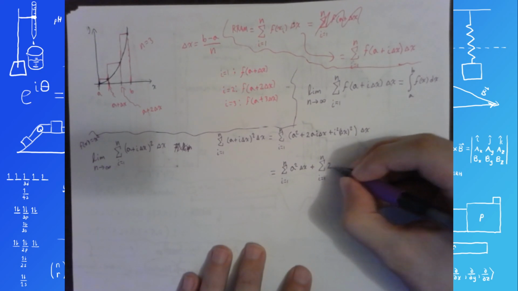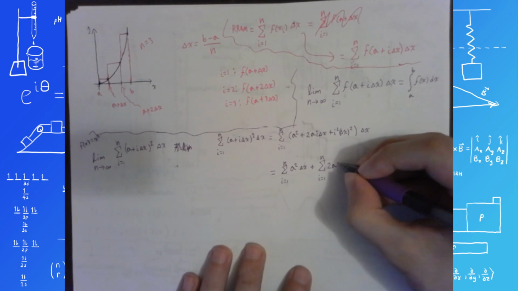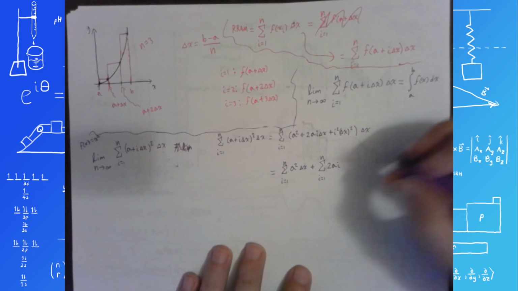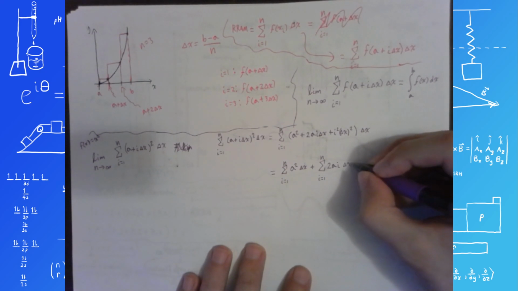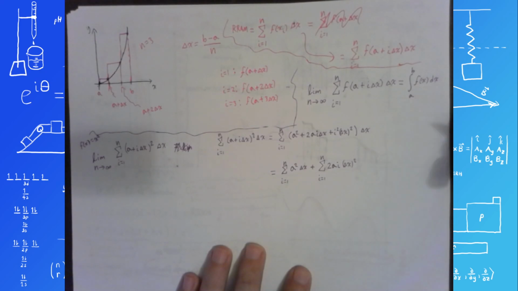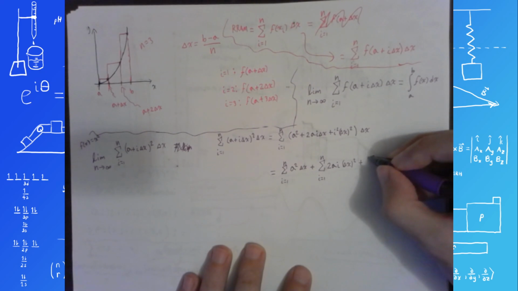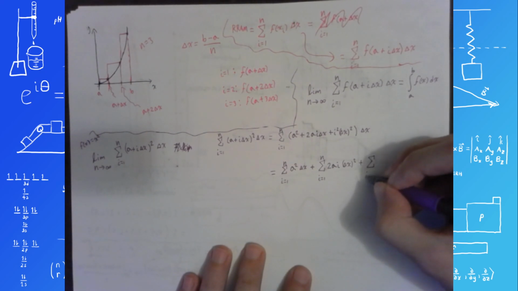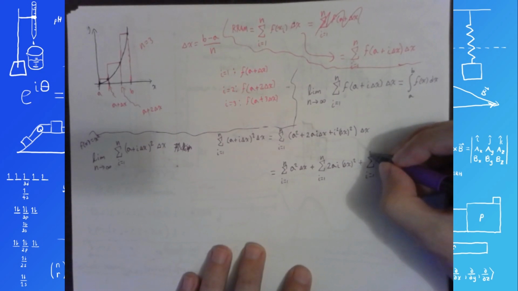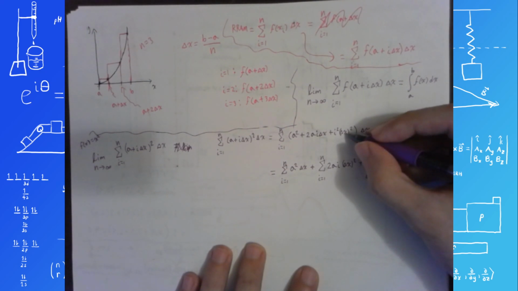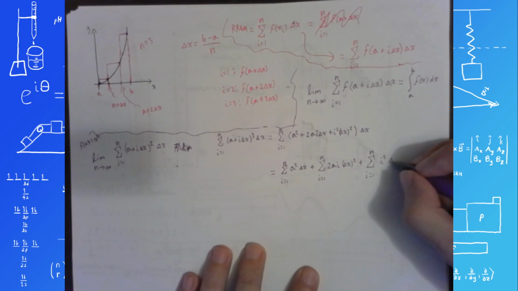It would be 2a i, and I guess this delta x times this delta x is going to be delta x squared, plus the sum from i equals 1 to n of i squared, and then delta x squared times delta x becomes delta x cubed.